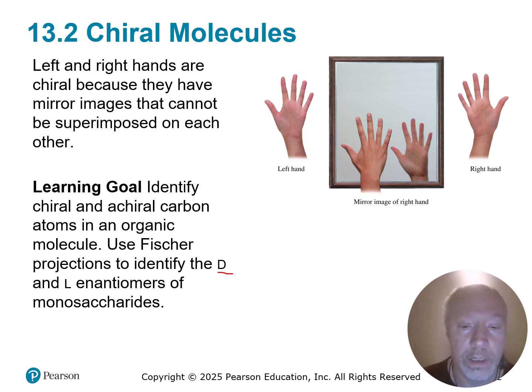They are able to be linear and be cyclized in a circle. So D and L enantiomers of monosaccharides: you can have D-glucose, you could have L-glucose. When it's D, it's typically represented on the right-hand side of a linear chain. When it's L, the hydroxyl will be on the left-hand side.